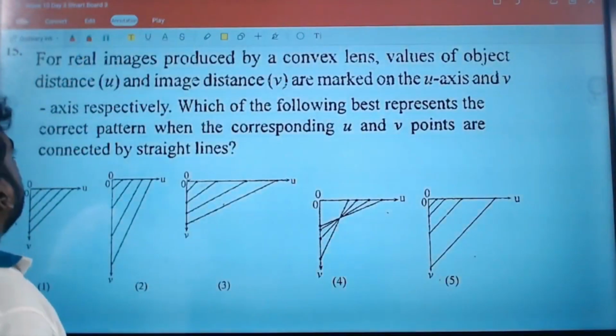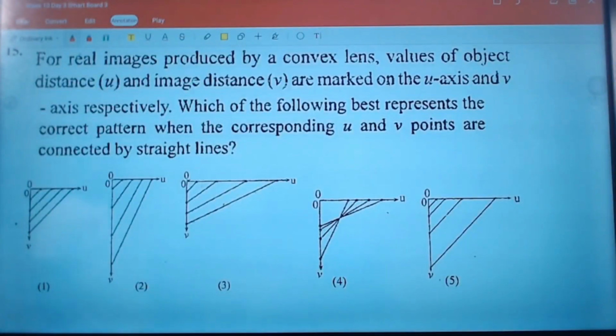Question number 15. For real images produced by convex lens, values of the object distances and image distances are marked. Which of the following best represents the correct pattern when corresponding U and V?